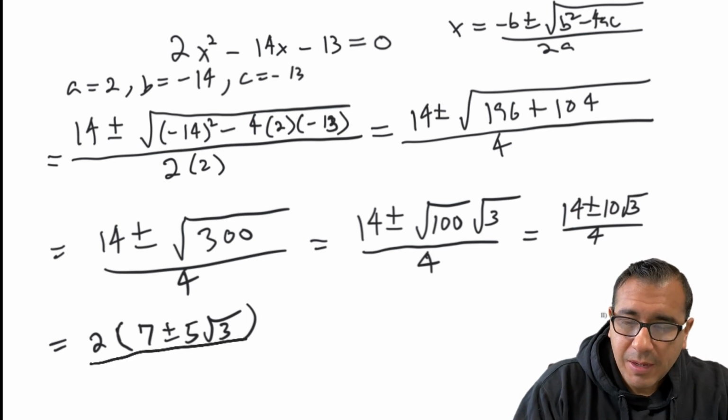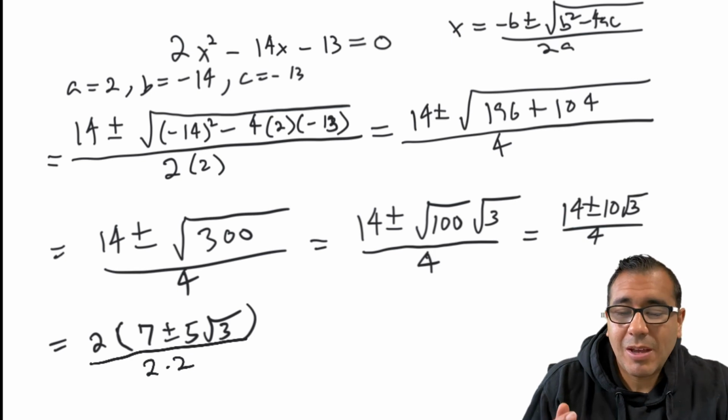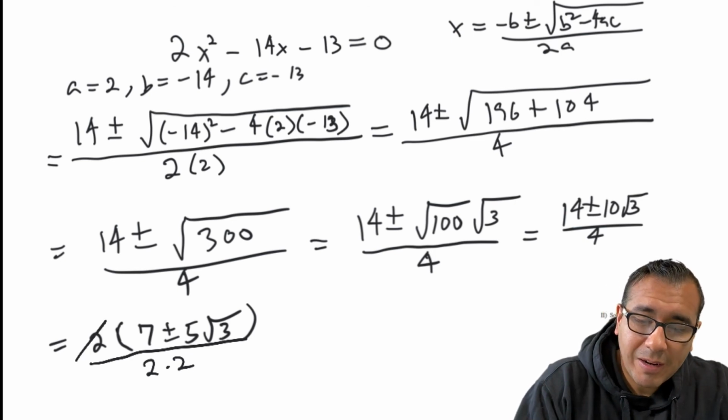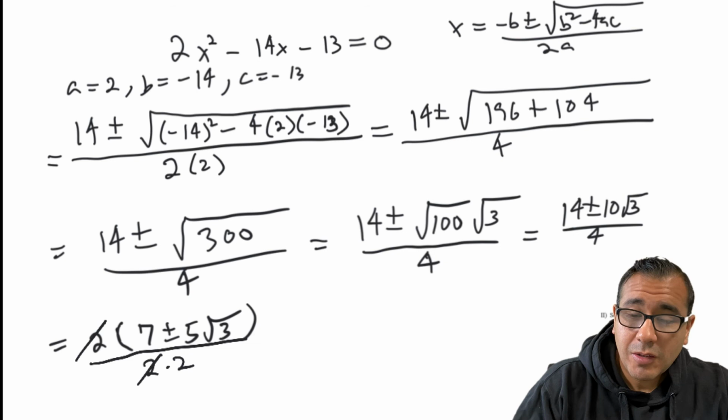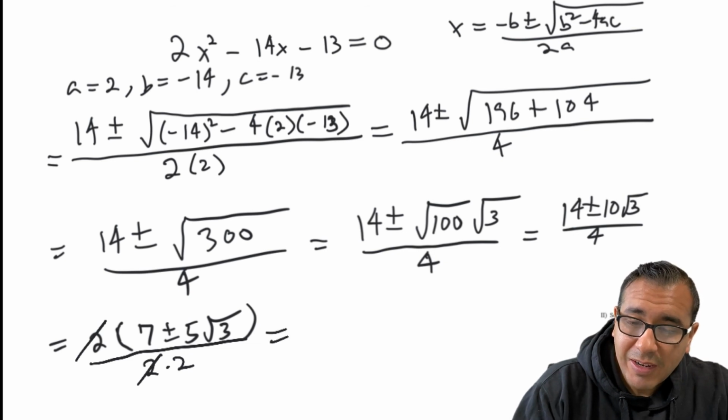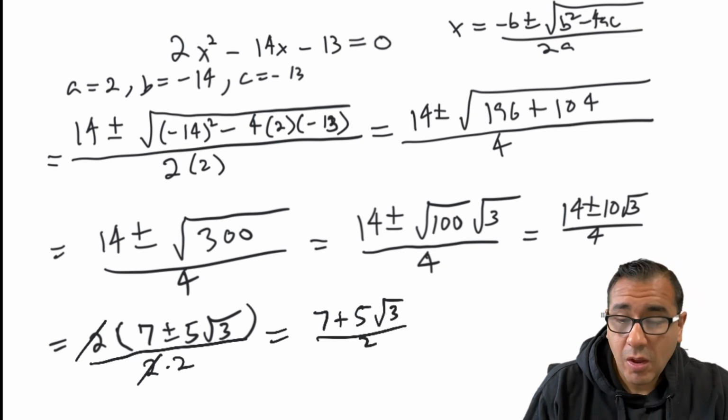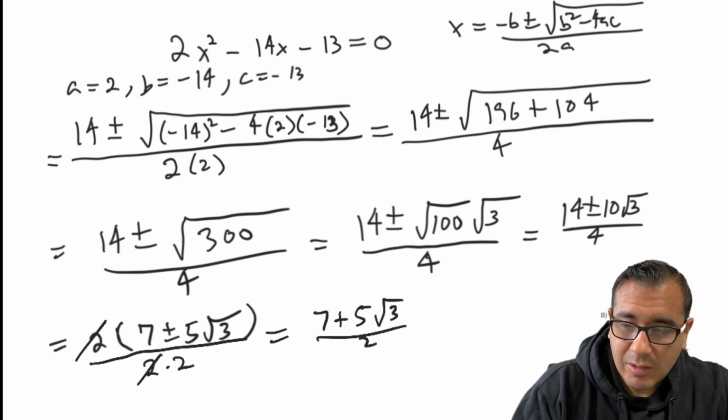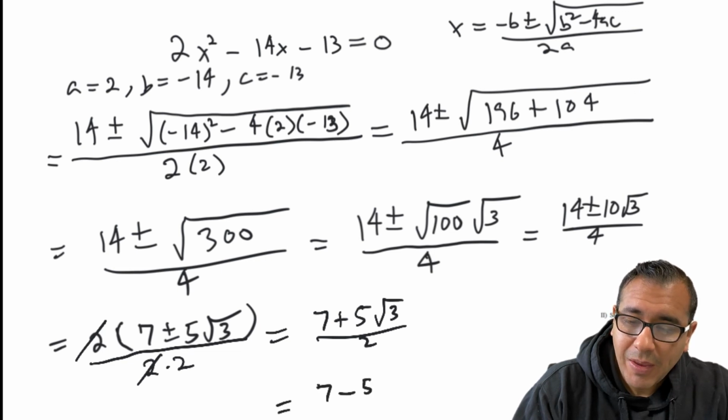And in our denominator, that 4, I'm gonna turn into 2 times 2, just so that we could see these 2's right here will cancel. So our final answer, we could just leave it like this. We could leave it as 7 plus 5 square root of 3 divided by 2, that's one answer, and our other answer is 7 minus 5 square root of 3 over 2.